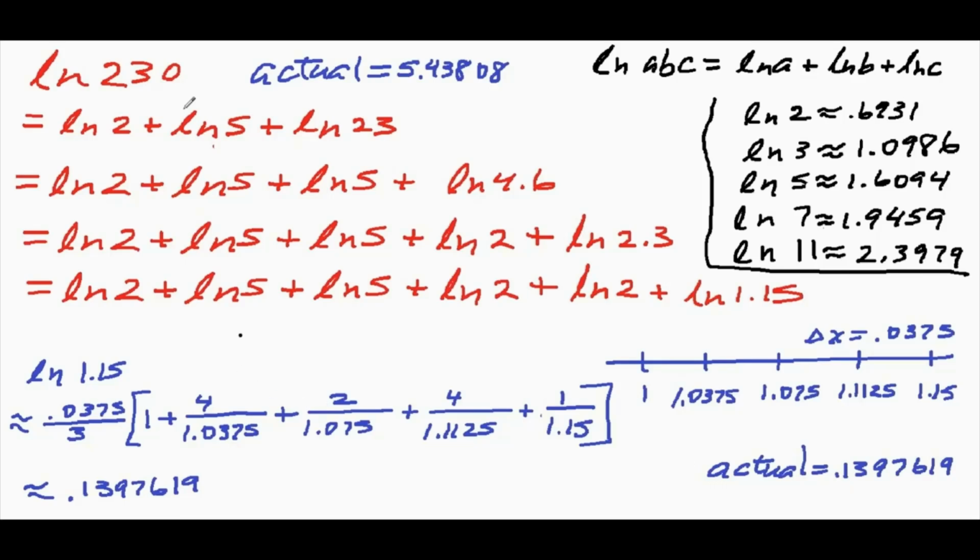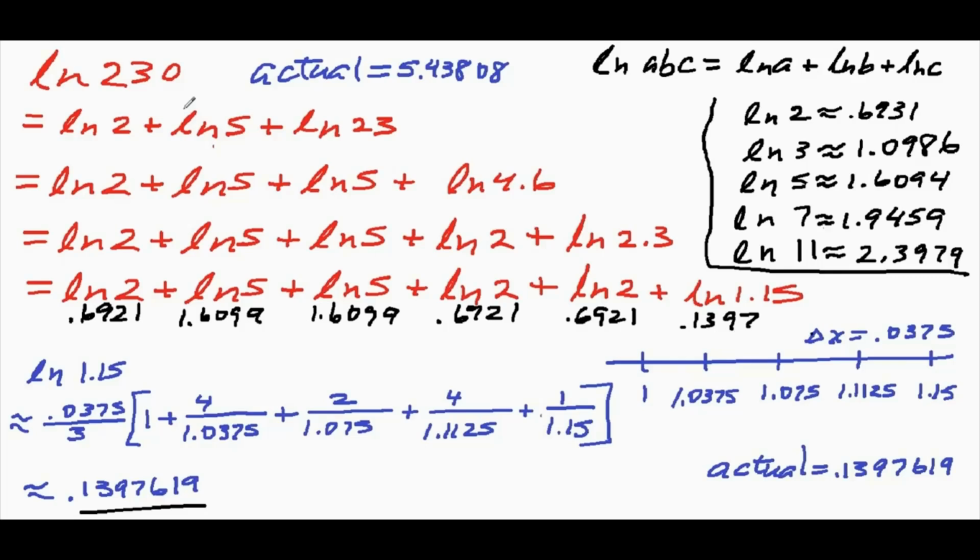And so basically you have 0.6. All you have to do is add all these up now. See, log of 5, 1.6094, another one, 1.6094, 0.6921, another 0.6921, and then this here would be this, and I'll just leave it like that.